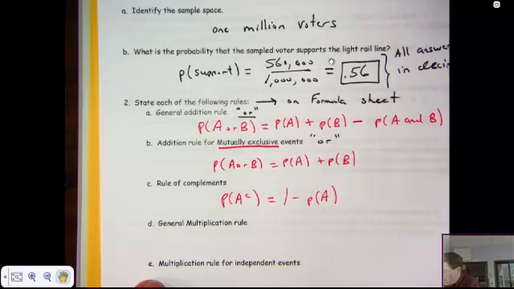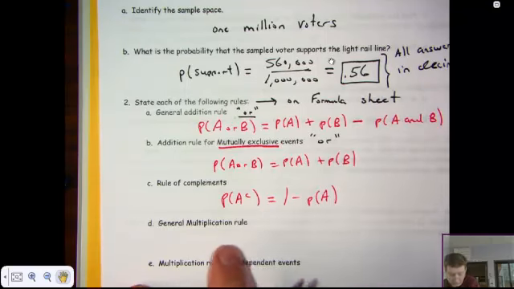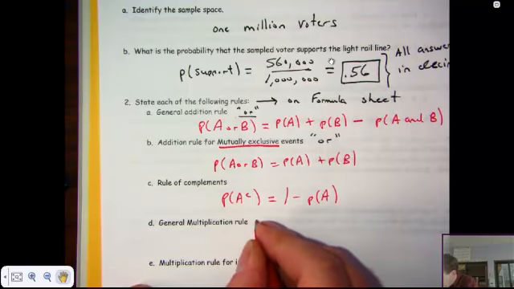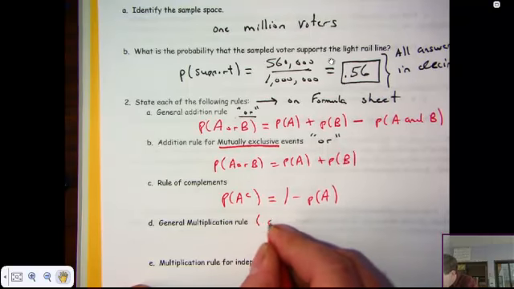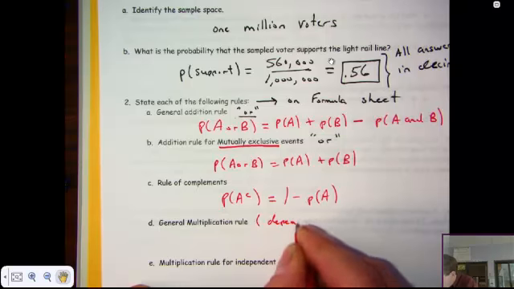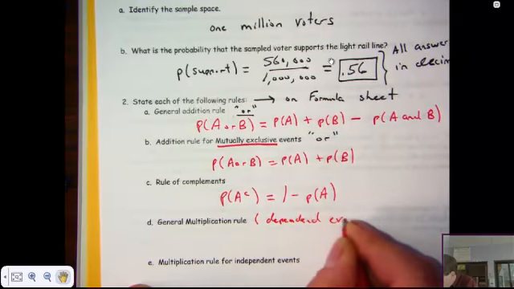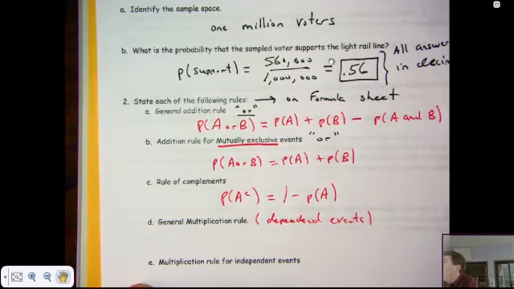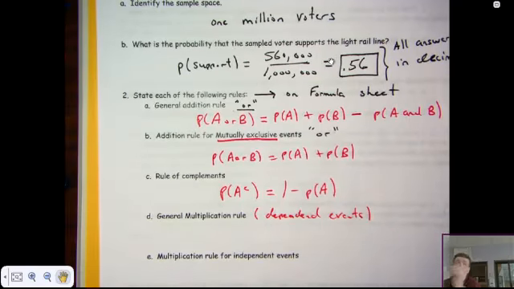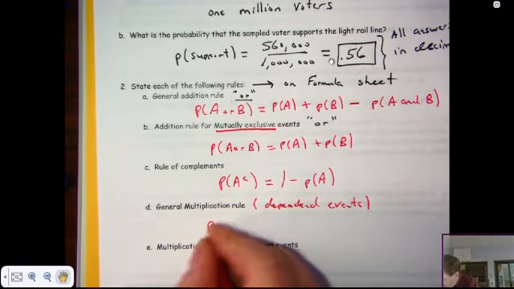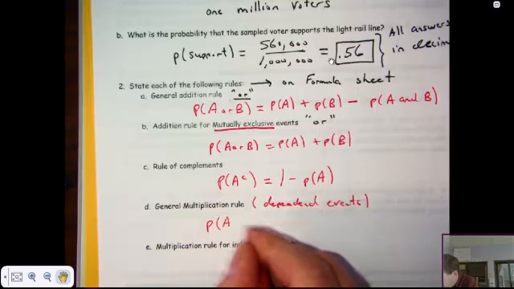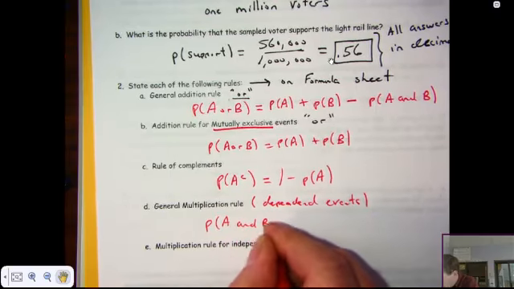Let's go. Okay, the general multiplication rule. This is for dependent events. Dependent events means that one event affects the probability of the next event. So if your events are dependent, one depends on the other, then the probability of event A and event B. Remember, we're talking about multiplication.